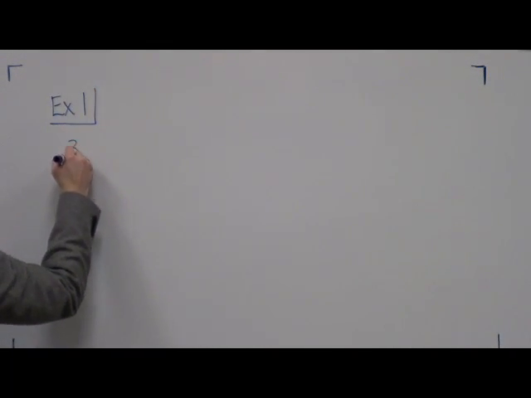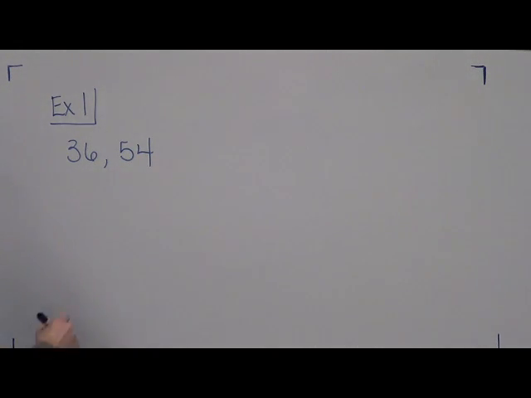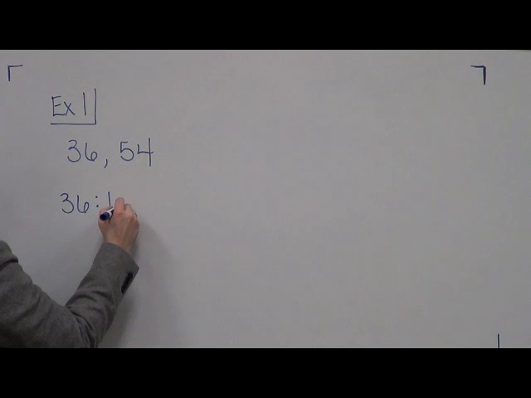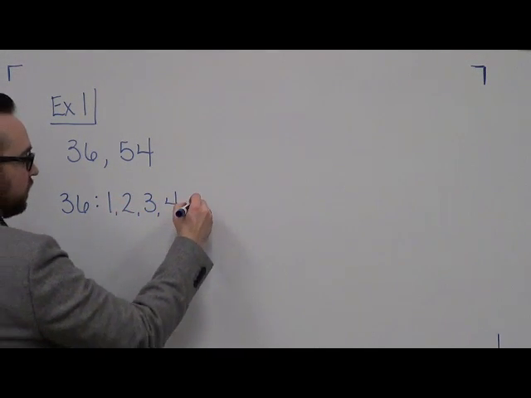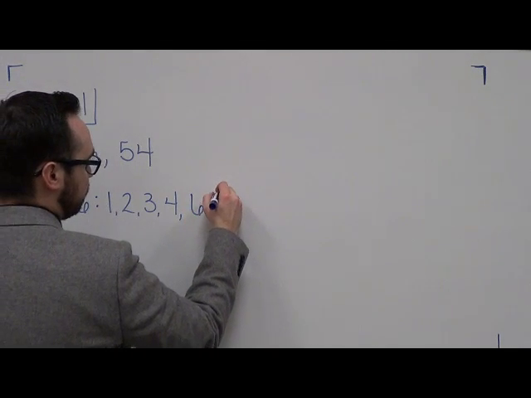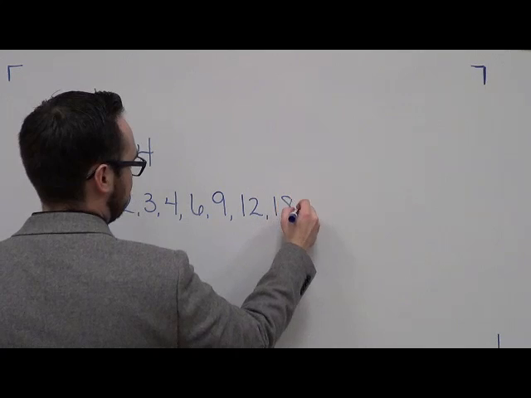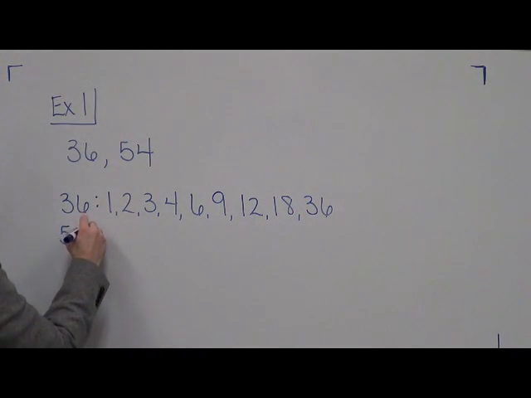We'll call this example number 1. Again, we're going to go through and do the factors of each. We just did 36, so we already know those. Now 54 we're going to have to do.